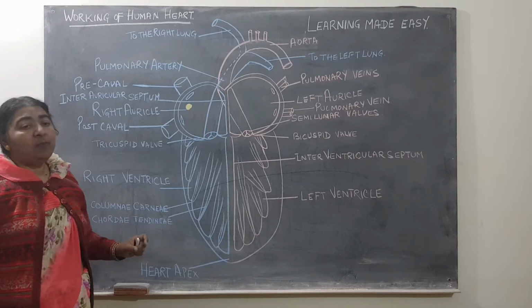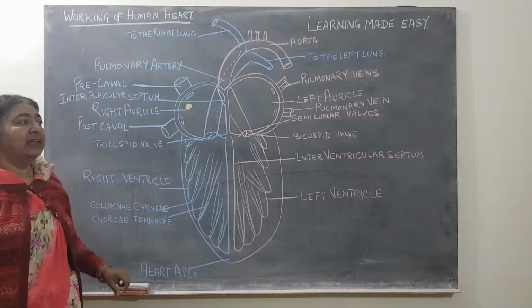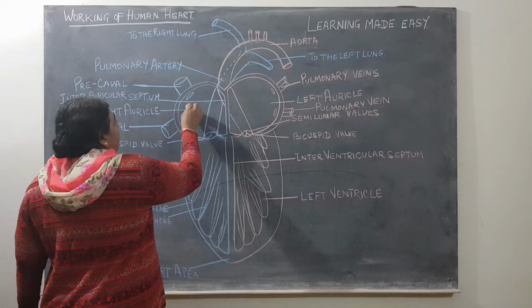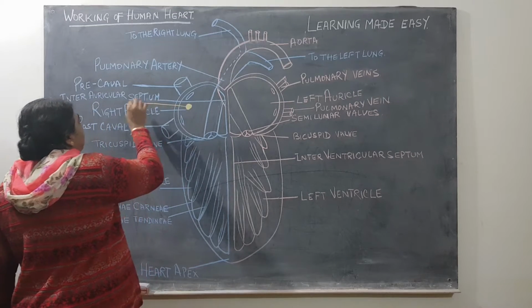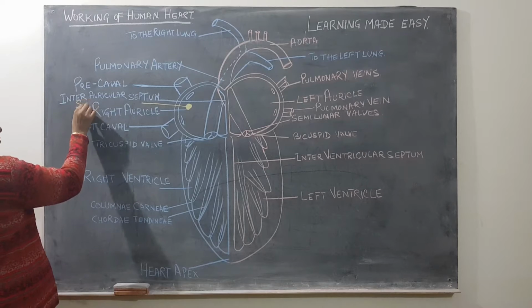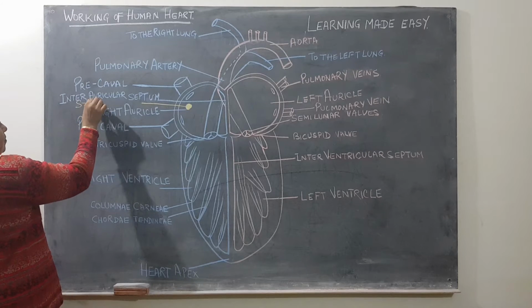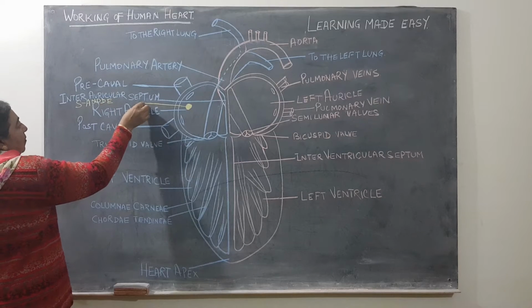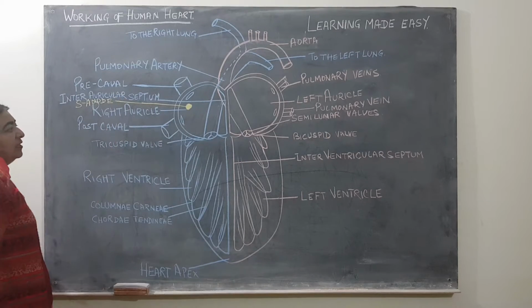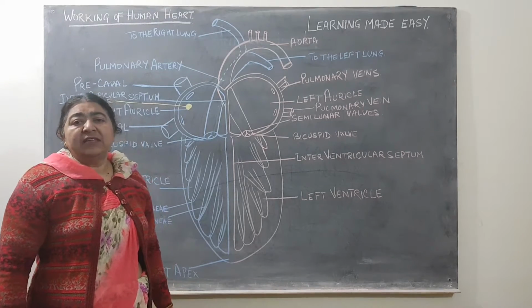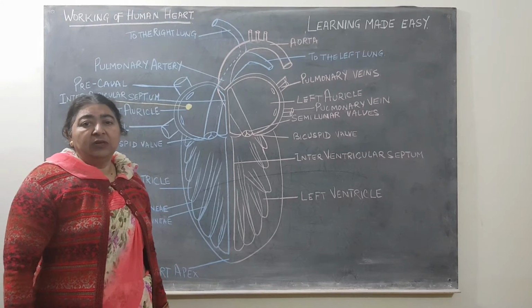This is a small patch of muscles known as the SA node. The SA node is called the sino-auricular node.